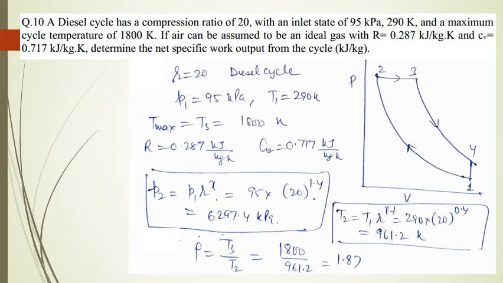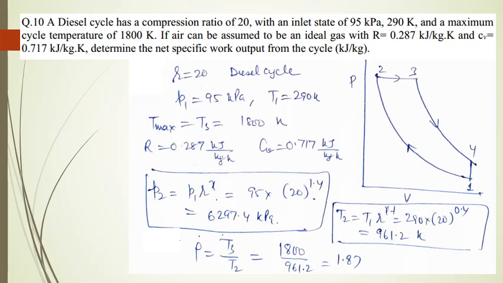A diesel cycle has a compression ratio of 20 with an inlet state of 95 kilopascal, 290 Kelvin, and a maximum cycle temperature of 1800 Kelvin. If air can be assumed to be an ideal gas with R equals 0.287 kilojoule per kg per Kelvin and CV equals 0.717 kilojoule per kg per Kelvin, determine the net specific work output from the cycle.